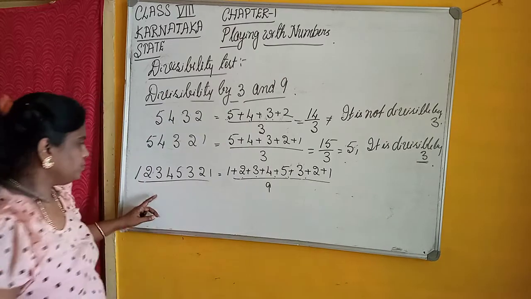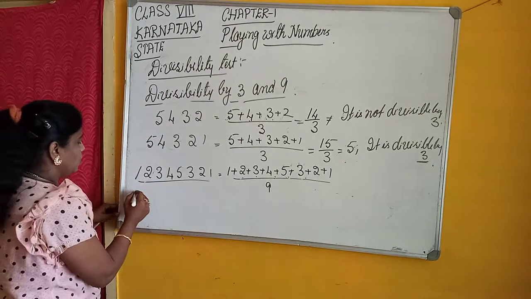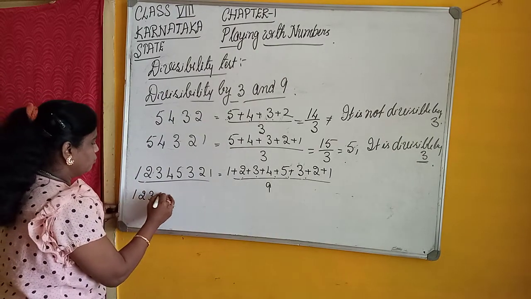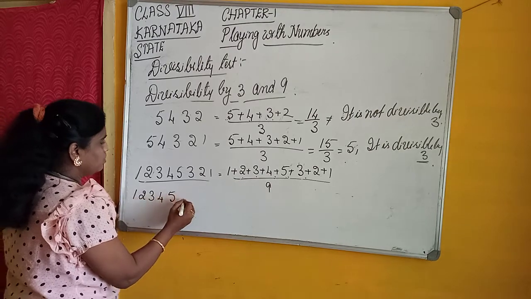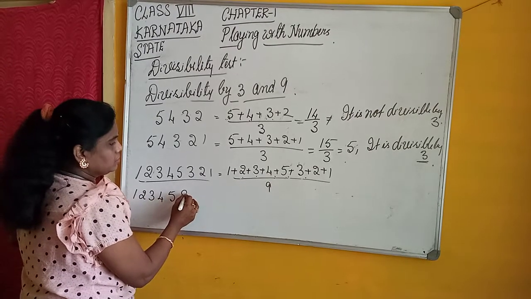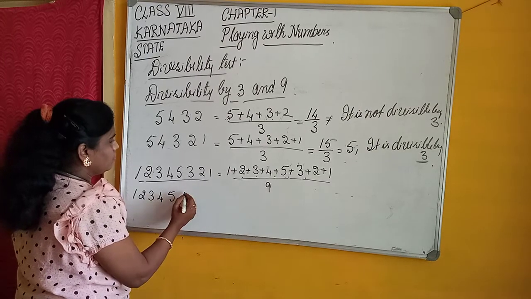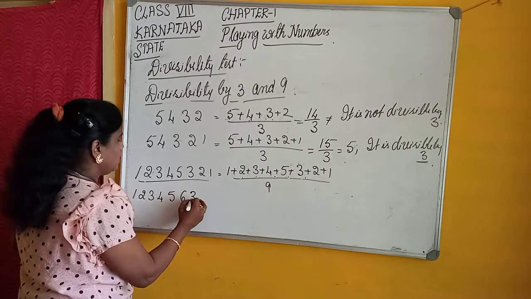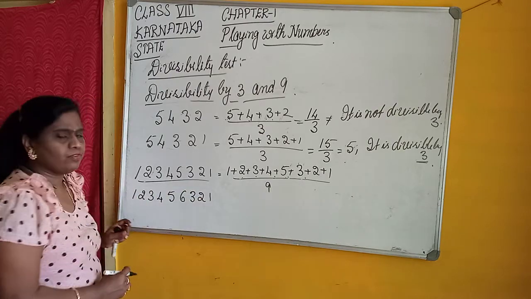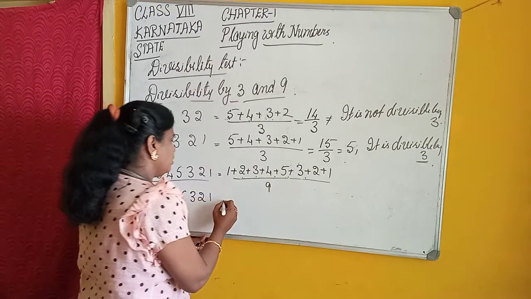Let us take 1, 2, 3, 4, 5, 6, 3, 2, 1. Let us check for this. Is it divisible by 9 or not?